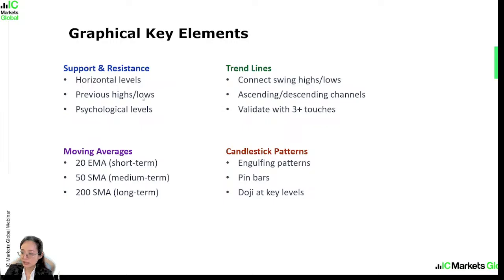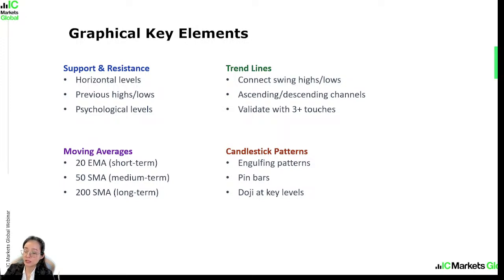So the key elements that you're going to look out for: first, identify support and resistance. It could be a horizontal level, looking at the previous high for the resistance level, and the lows or multiple swing lows for the support.